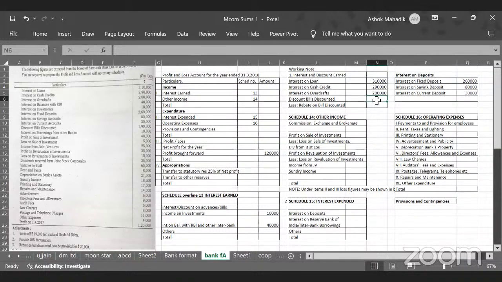We count how many days are balance in maturity, and accordingly we charge interest to them. So it's a kind of interest income. What is the value? 1,90,000. Correct. Just confirm the value.